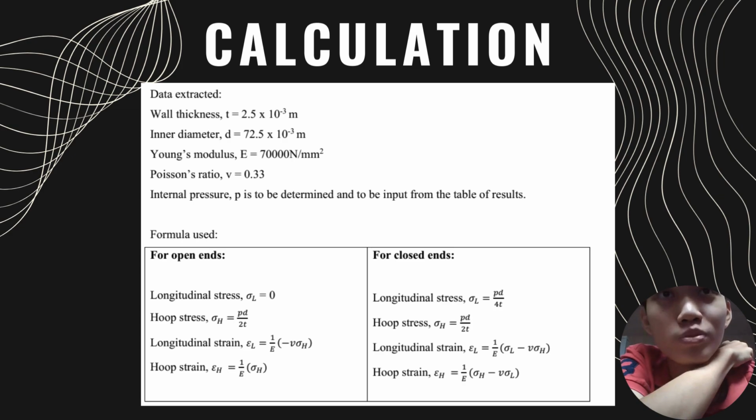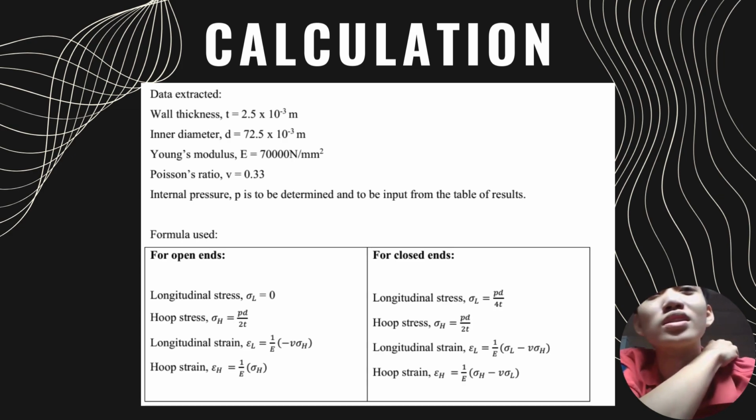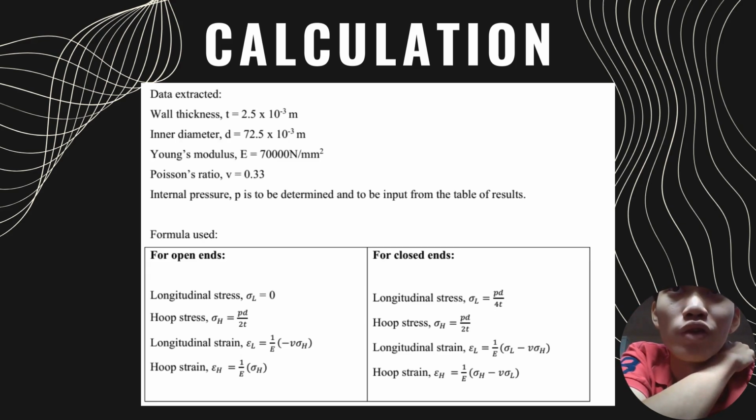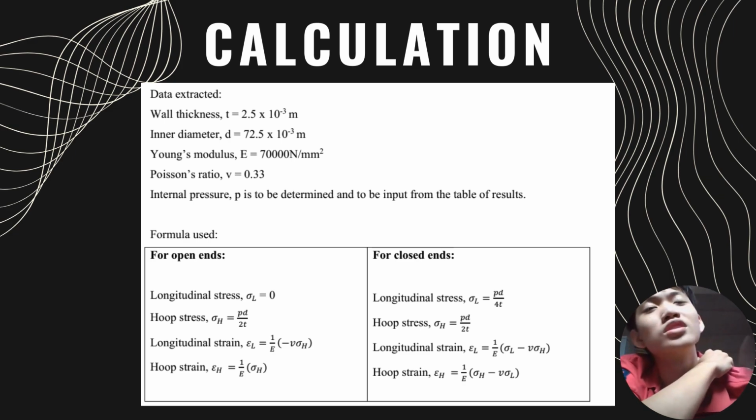And for the hoop strain, the formula is the same as the longitudinal strain, but with the values of the hoop stress and longitudinal stress swapped.